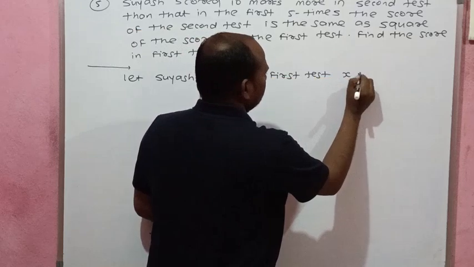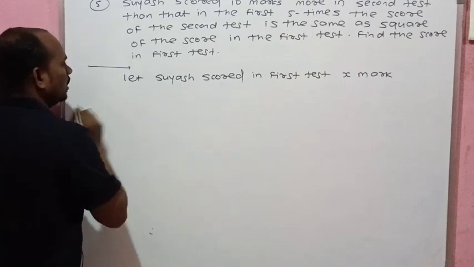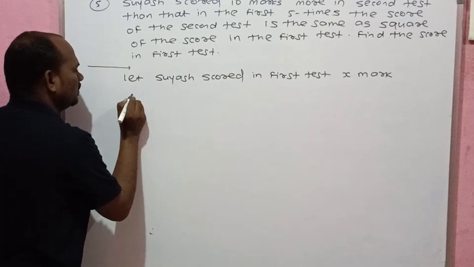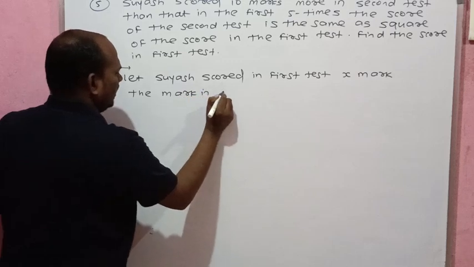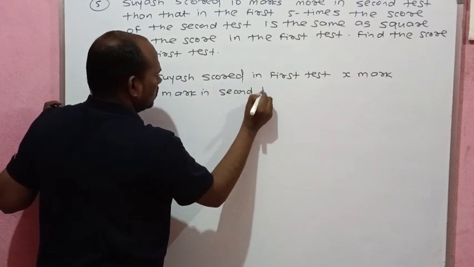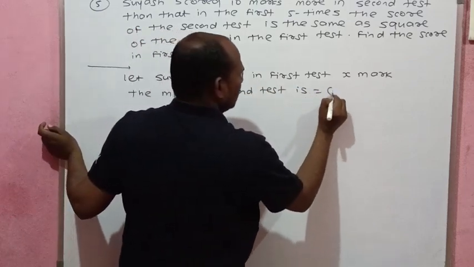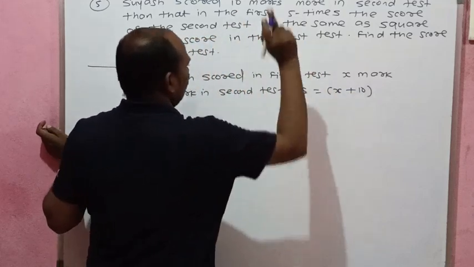Then the mark in the second test is x plus 10, that is 10 more marks.